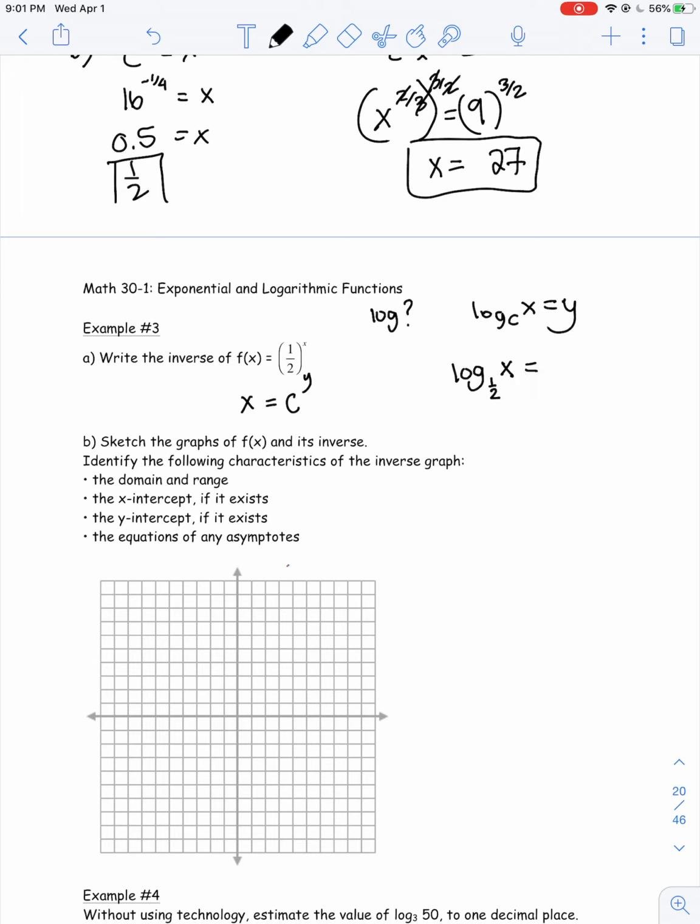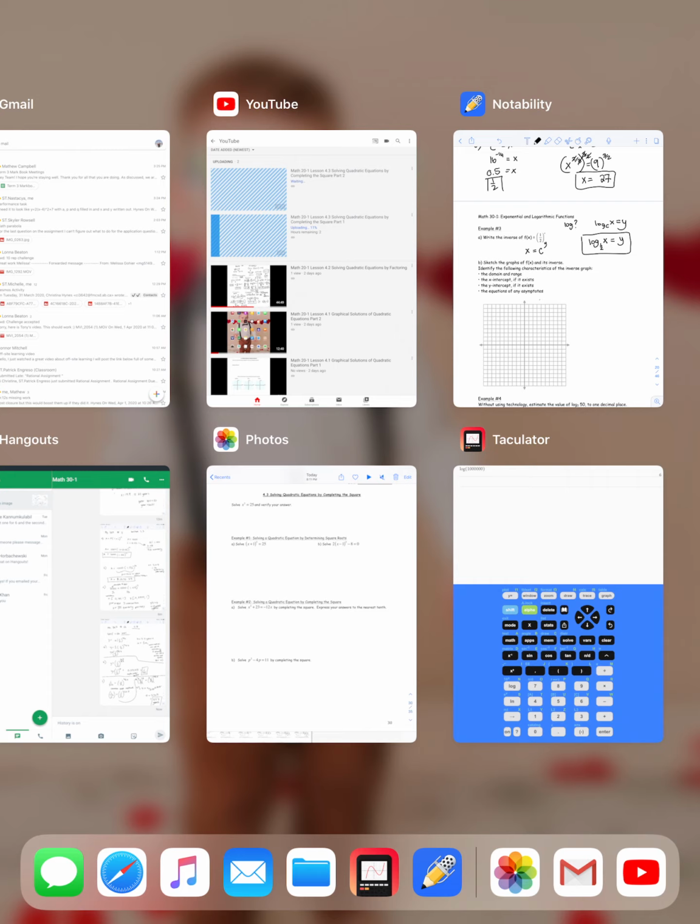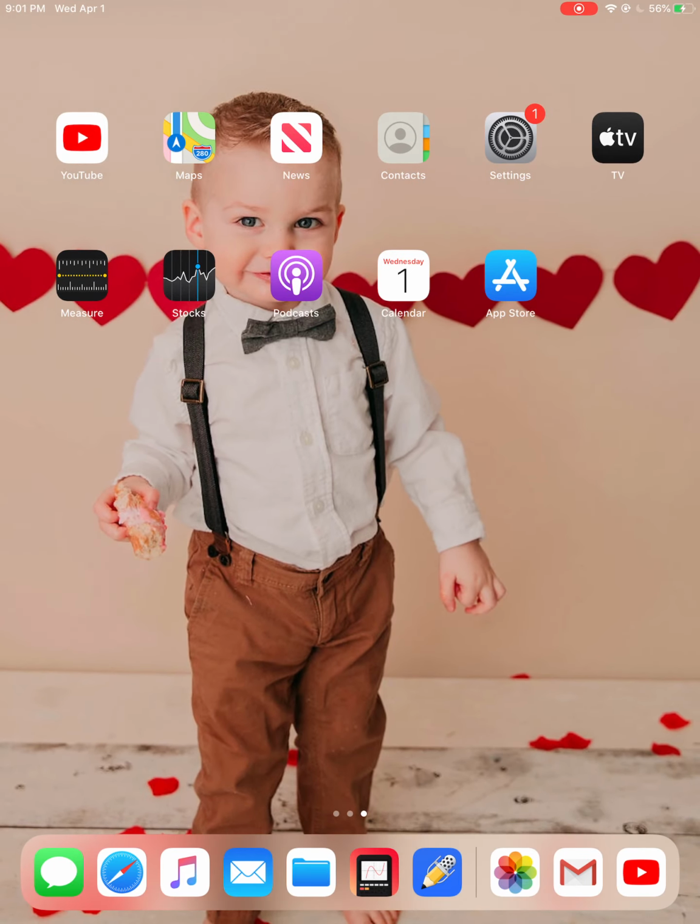Okay, so now that I've rewritten it, I want to sketch this graph. I also want to sketch the original one and then compare them. So we're going to go over to Desmos just to get a clearer picture of what this all looks like. I find that the graphing calculator doesn't do the greatest job when it comes to graphing these guys.